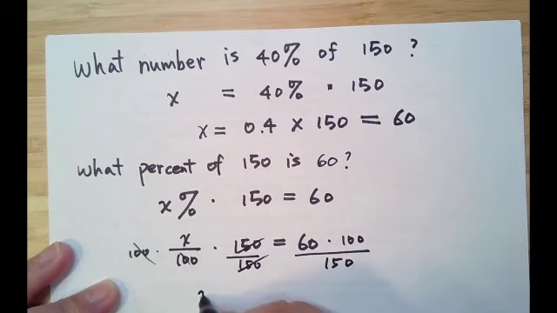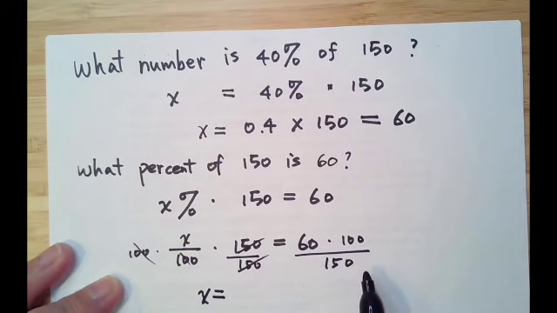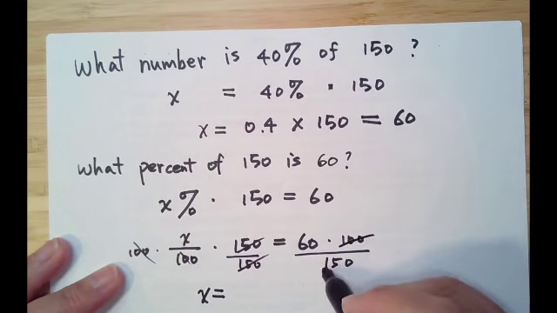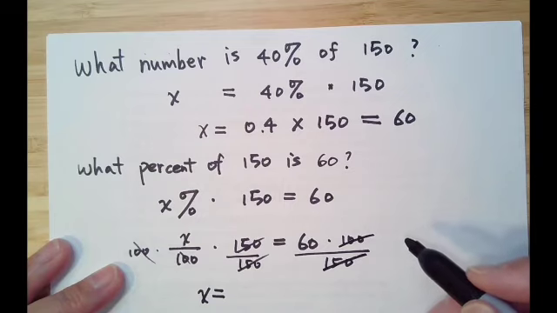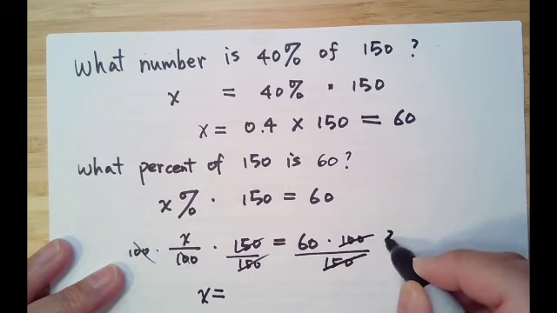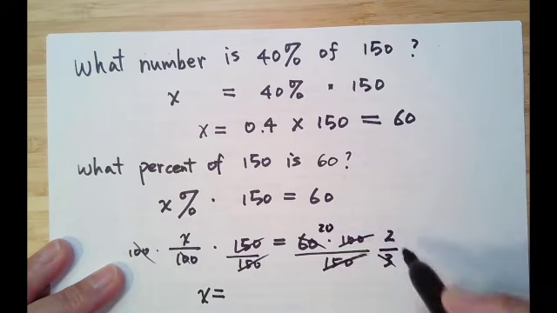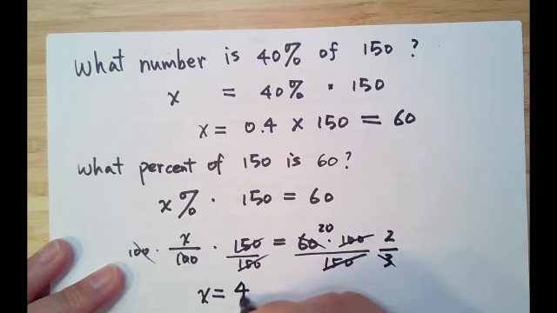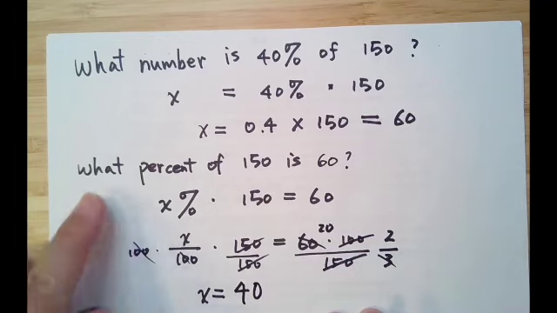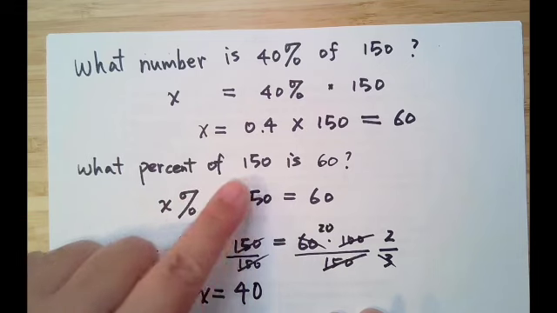Okay, so I have x equals what? 60 times 100 divided by 150. And this 100 and 150 both are divisible by 50, so that'll be 2 over 3. And this 3 can cross out with this 60. I have a 20. So 20 times 2 is 40. Now, if I bring this back, what percent of 150 is 60?